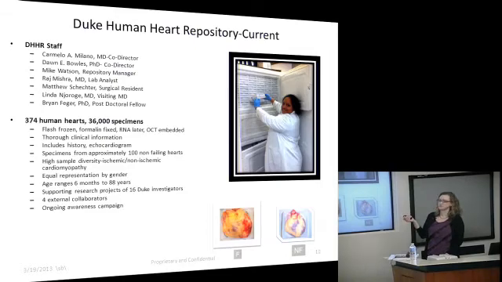Pretty much equal representation by gender, a wide age range from 6 months to 88 years. And we're supporting the research projects of 16 Duke investigators currently and 4 external collaborators. And this is part of our ongoing awareness campaign, trying to make more people here at Duke aware of this resource and what it can do.